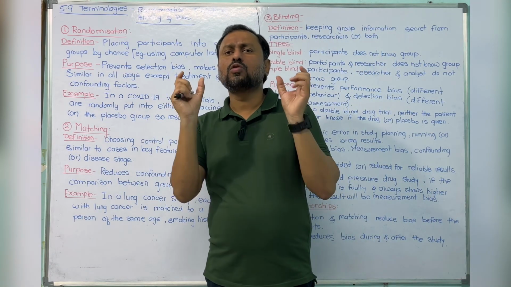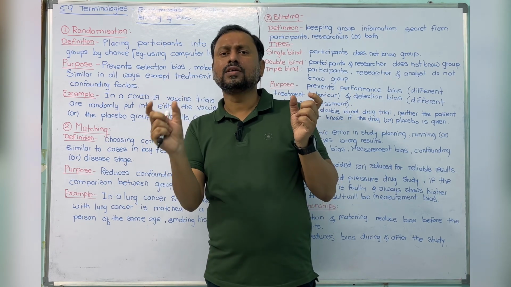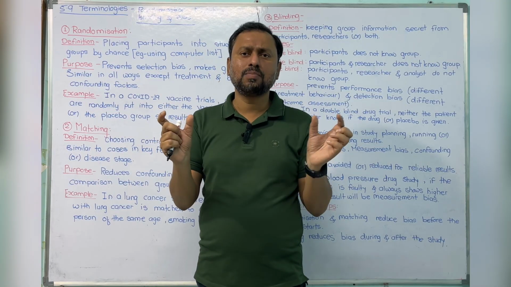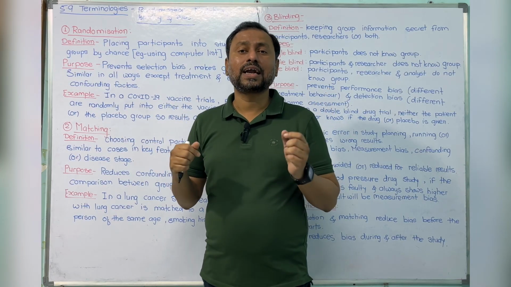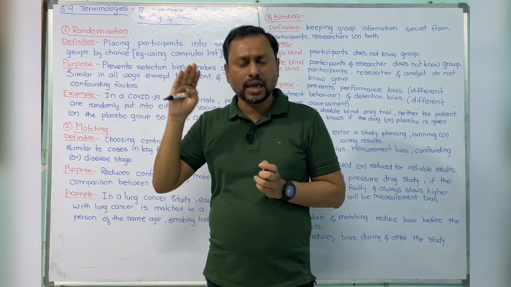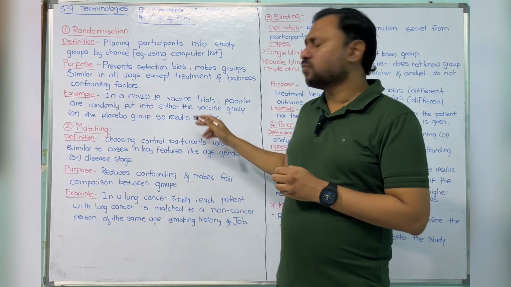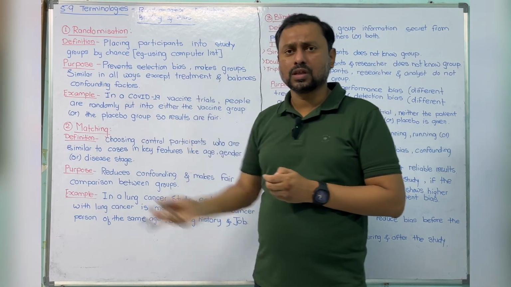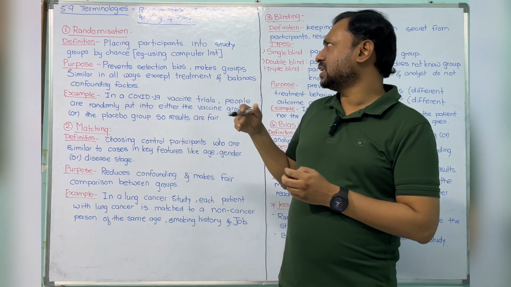One group is given the vaccine and the other group is given the placebo. In both groups, the patients are randomly selected based on similarity, meaning their age, sex, and lifestyle. In one group they are given the vaccine, in the other group they are given the placebo. That is how they select randomly.